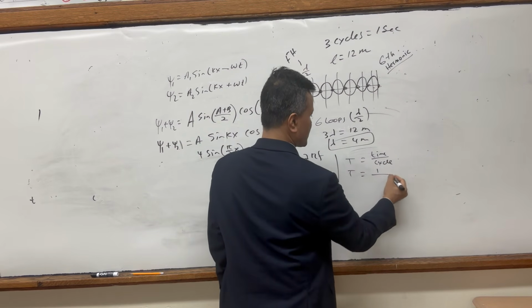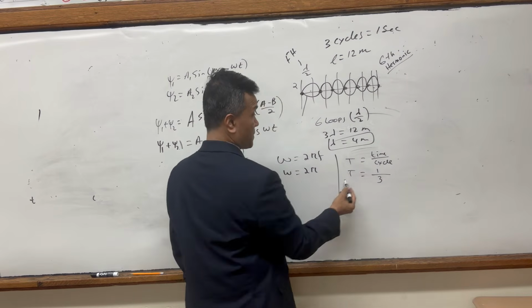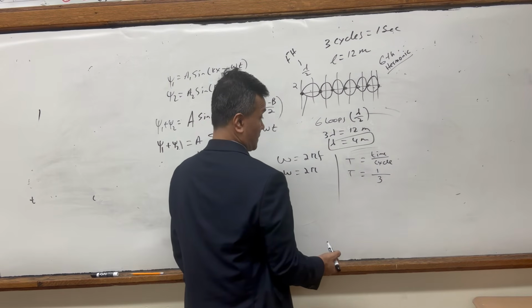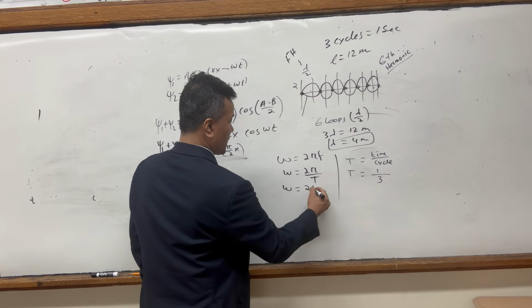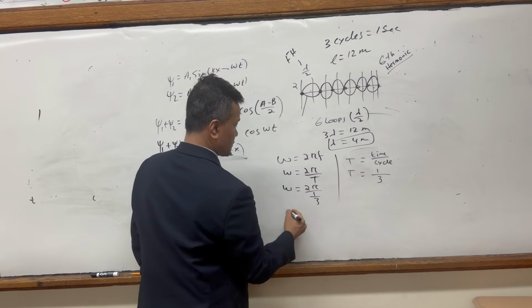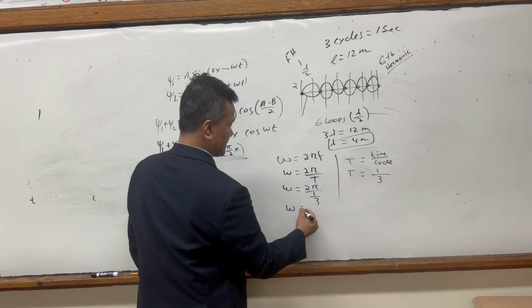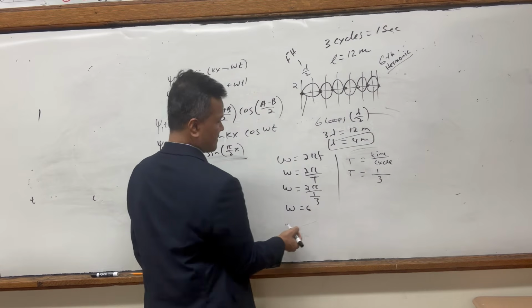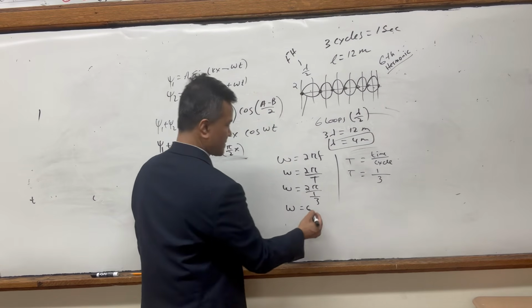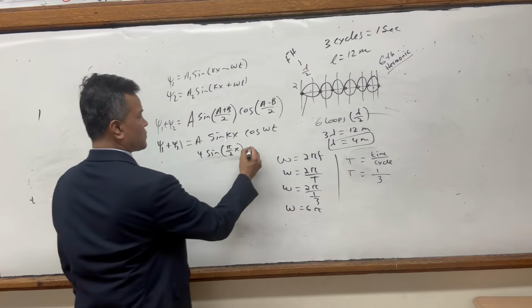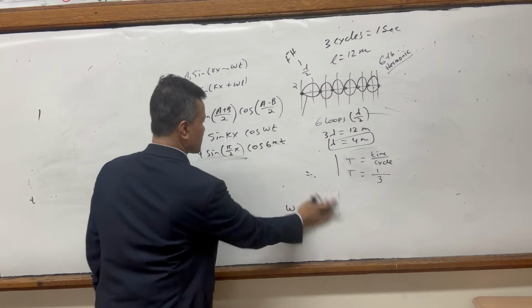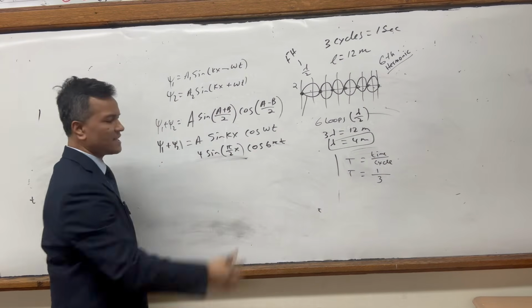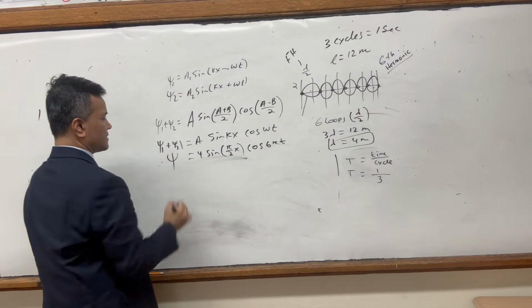The time it takes for 1 second is 3 cycles, so the period is 1 over 3. So omega is 2 pi over 1 over 3, so 6 pi. That's 6 pi, cosine 6 pi t. All right, so this is the equation. Now if you put in the t, you get the graph.